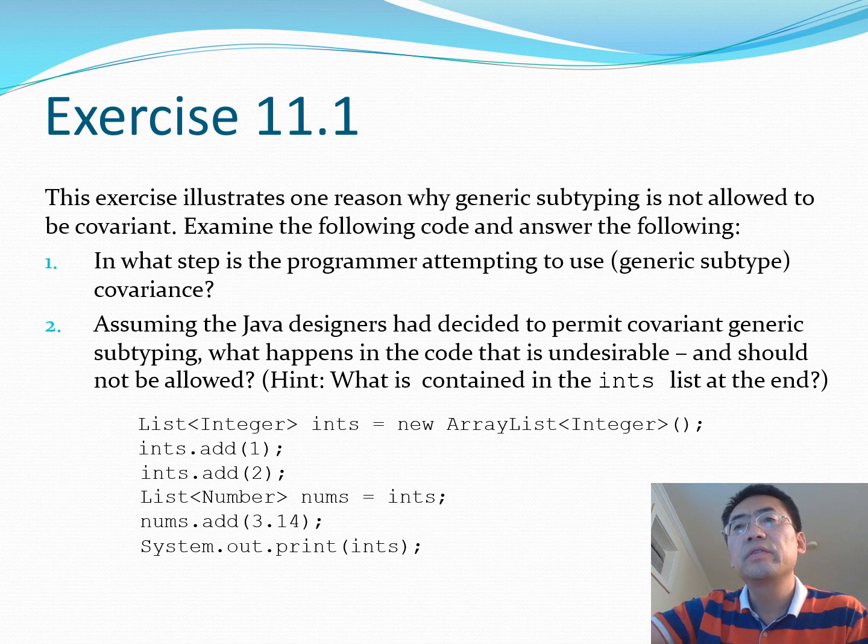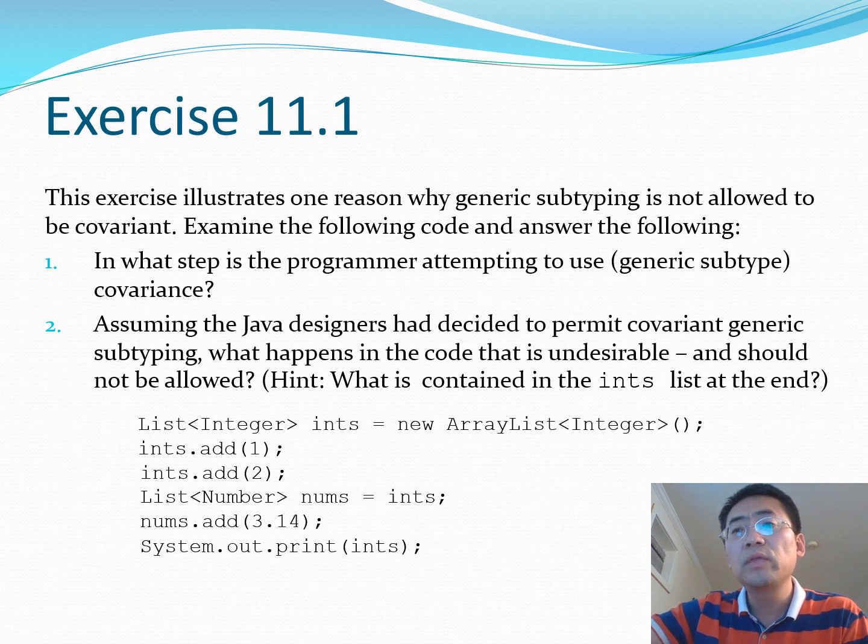Let's see this piece of code, an exercise. We have a list of integers, and then we add 1 and 2 into the list. If a list of Number is a supertype of a list of Integer, we can do this, right? nums equals ints, because ints is a subtype of nums.